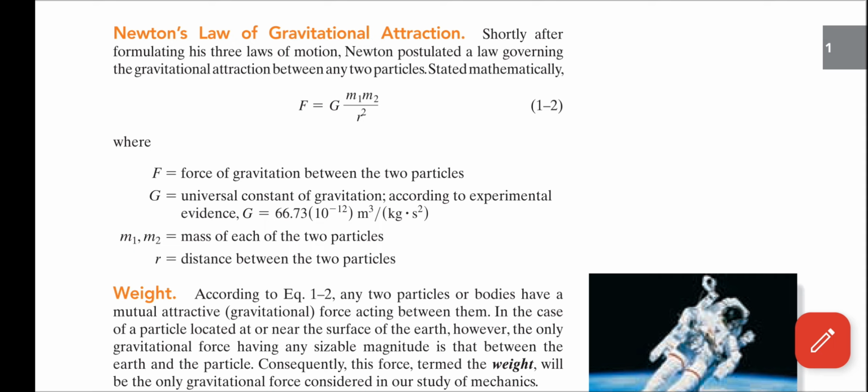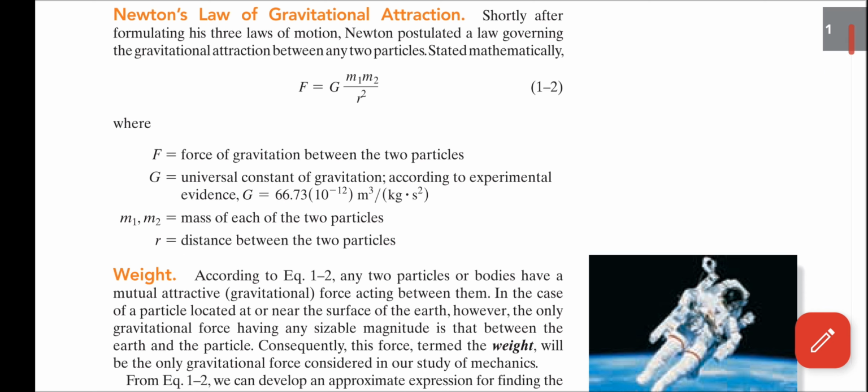M1 and M2 are the masses of each of the two particles, and r is the distance between the two particles. Actually, it is the distance between the centers of gravity, or the centers of the bodies, of the two particles.